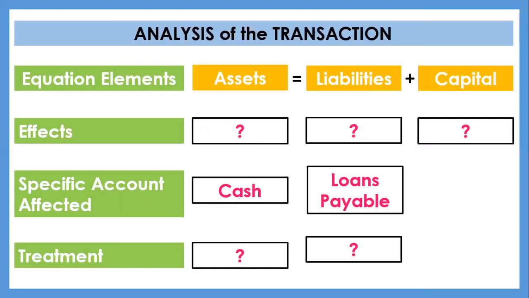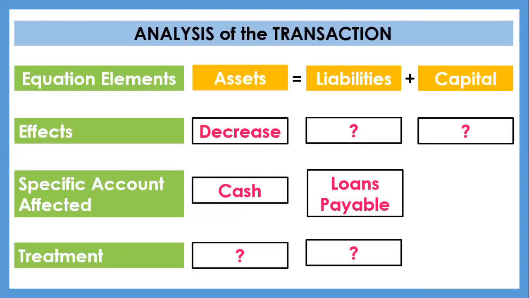Now, the second step in analyzing the transaction is to determine the effect of each account towards our assets, liabilities, and capital. So in this case, our cash will decrease our assets since we made a payment on our loan, and therefore there is an outflow of our asset.